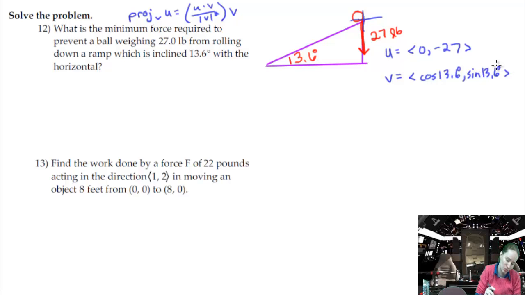So we actually will have to figure out what that is. Cosine 13.6 degrees is 0.972.